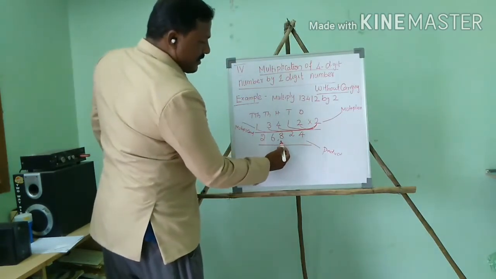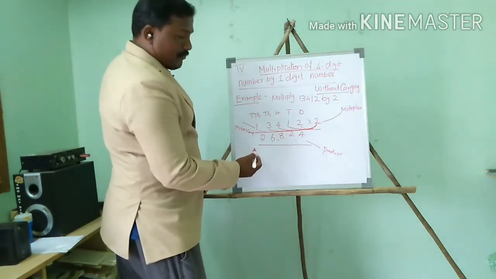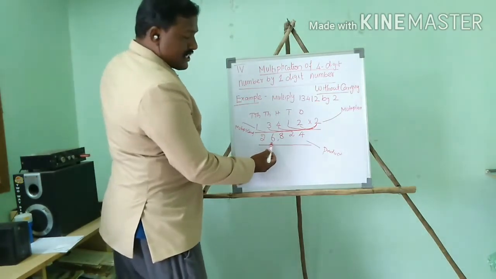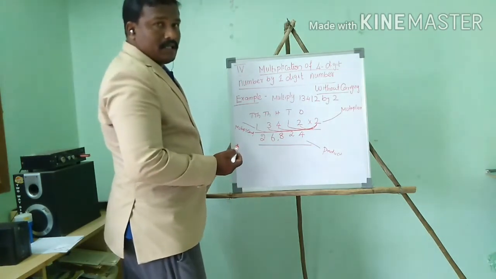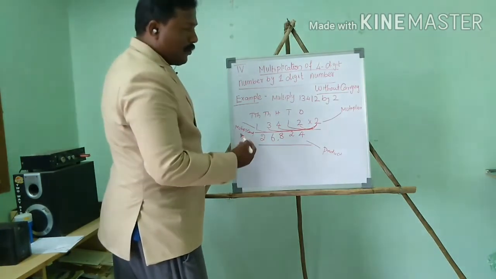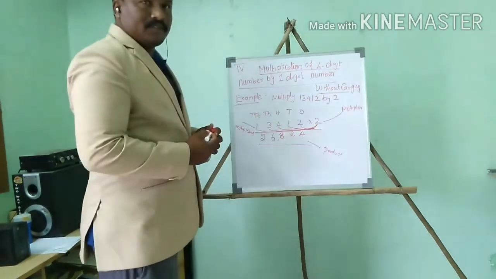Ones, tens, hundreds, thousands, ten thousands. How do you say this number, this product, in words? 26,824. So we know how to multiply a one-digit number by a 5-digit number.